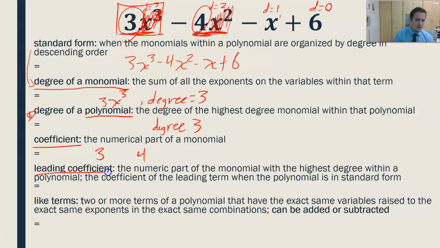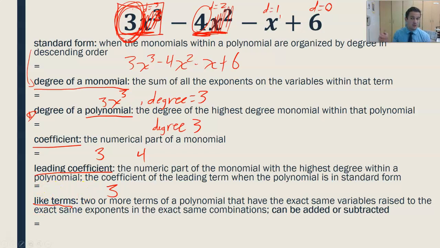The leading coefficient, leader, is the first coefficient in your polynomial when it's in standard form. So in this case, the leading coefficient is 3, because it's the first coefficient. See that? It's the first number I even see in this polynomial, so it's the leading one, the leading coefficient.